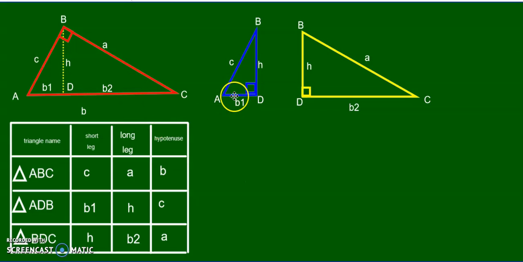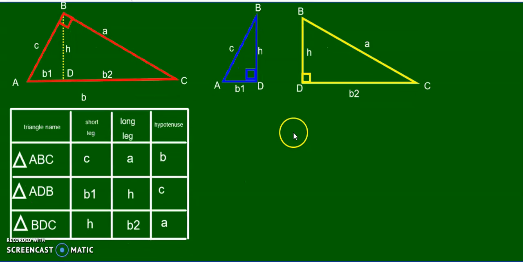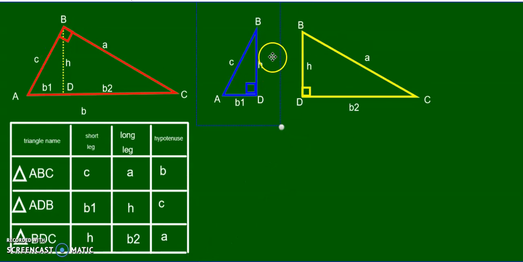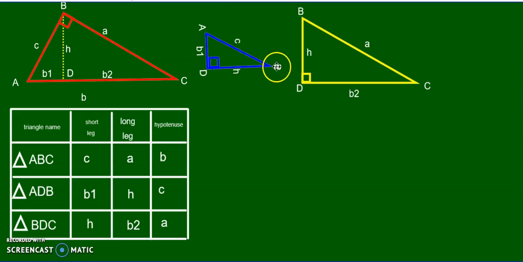So since these three triangles are similar, we can start writing proportions. If I take this one, let me rotate it so it's clearer. I'll look at these two here. So B1 over H equals C over A. That's what I have here.